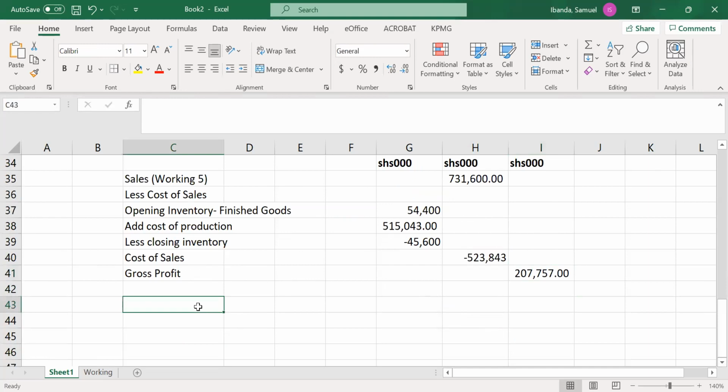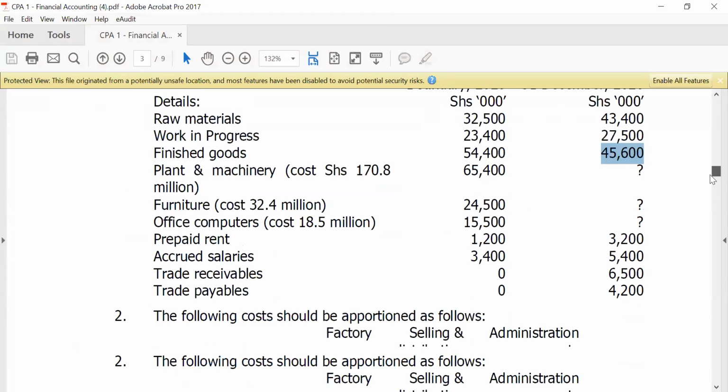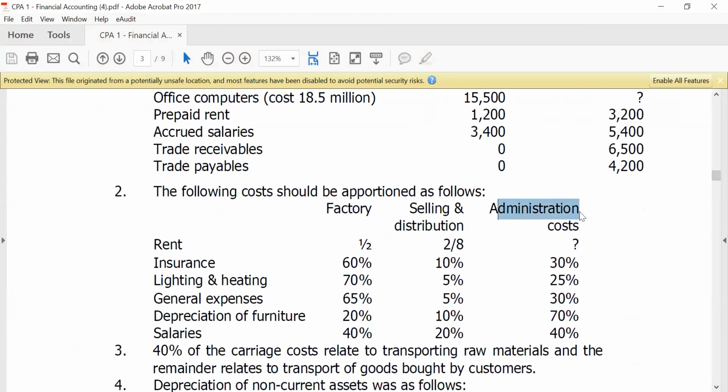Then I'll come to now less the expenditures. Now you get to realize that in this case, this is the P&L, so we distribute the expenditures based on what they have given us. So from our question, you get to realize that we had expenditures called administration costs and then selling and distribution.